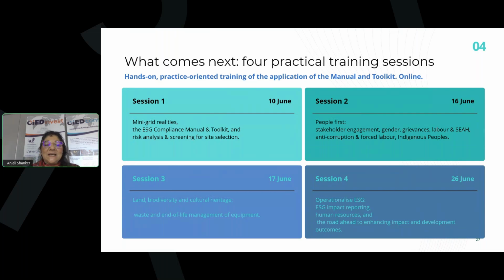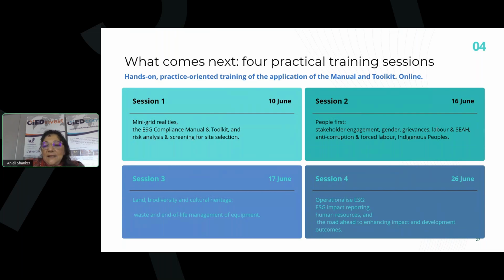In any case, based on the extensive stakeholder consultations we did, and the discussions with the African Development Bank as well as the IFC, we decided to subdivide these into 4 sessions upon the recommendation of ARE as well. So these will be hands-on, practice-oriented, and related to the actual implementation of the manual and the toolkit.